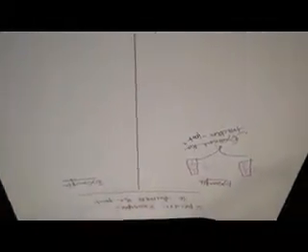So these are my fraction parts, and I want to examine the fraction part. Let me rewrite that quickly. So I'm going to have 1 over 3 and 1 over 4.